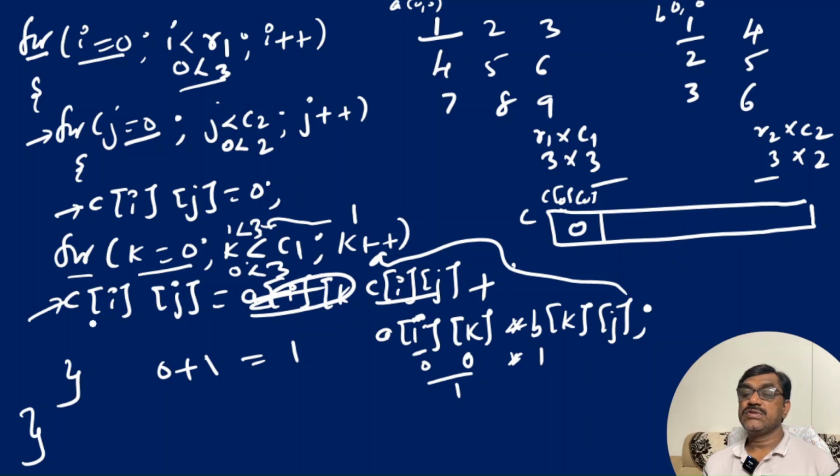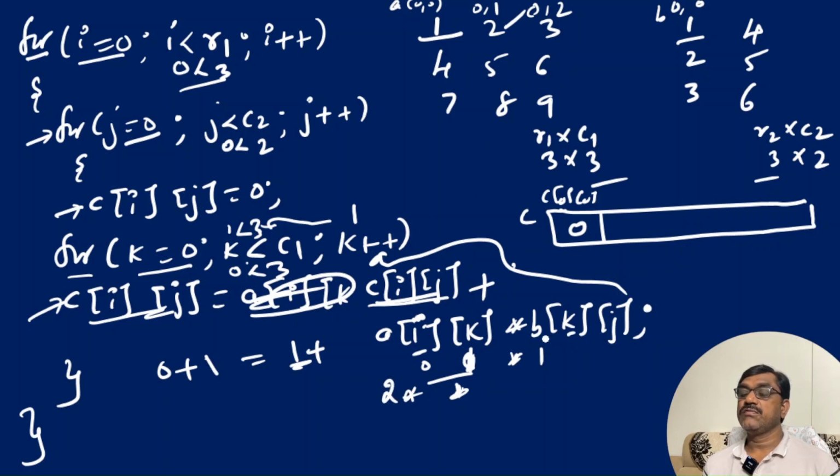When the condition is true, again we are coming to the C of ij. Now new C of ij equals old C of ij. Old C of ij how much? 1. Okay, 1 plus, here I value is 0 only. I value is not changed. In this case, k value became 1, right? This is A of 0, 1, which means 2, into B of kj.